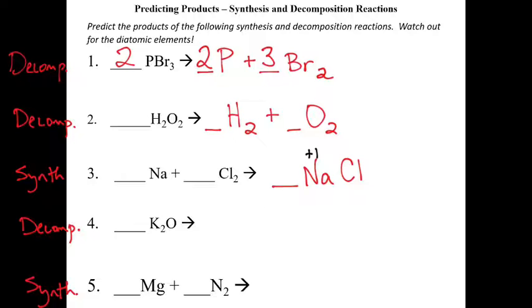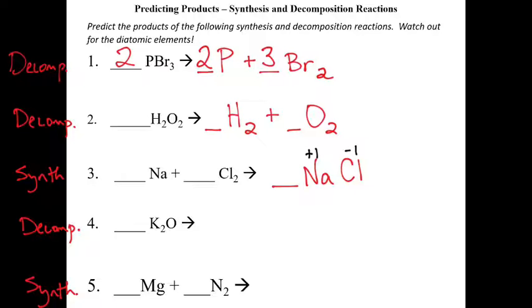What's the charge of a chlorine ion? -1. +1 and -1 add up to 0, and we probably already knew the formula for sodium chloride is just NaCl. I did not worry about chlorine being a diatomic on my product side because that's not pure chlorine. It's now part of a compound. So I focus on my charges to put together my compounds.